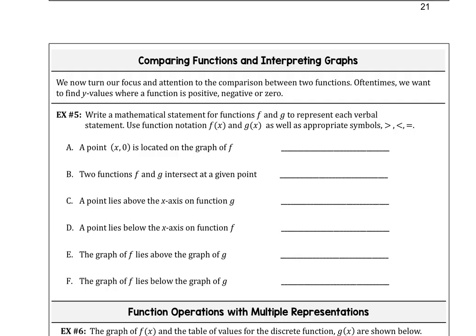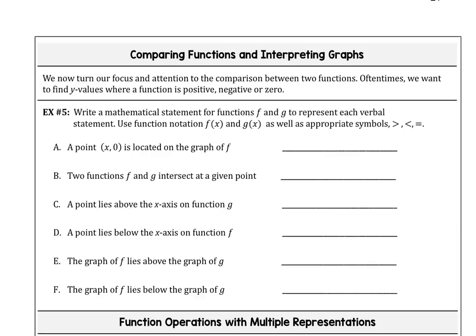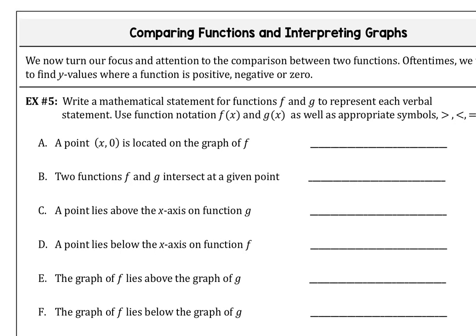A point (x, 0) is located on the graph of f. So if it's on f, f of x, because the y value is equal to 0. Easy enough. Two functions f and g intersect at a given point. Well, if they're intersecting at a given point, then they would have the same y value.